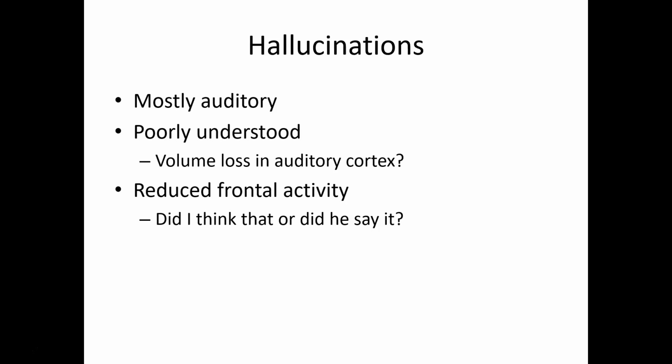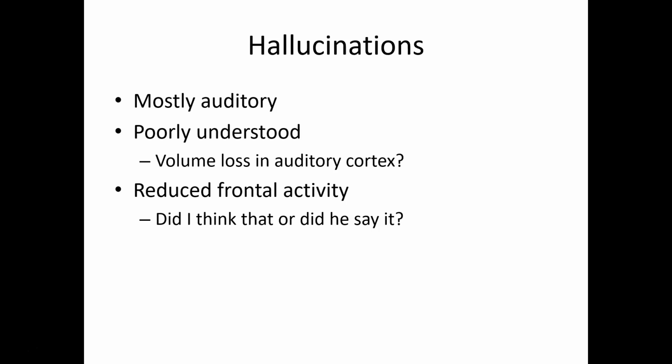And one other thing I will mention is that the reduction of activity in the frontal lobes could also explain this as well. The frontal lobe is really critical for a lot of your understanding of yourself and your self-awareness. So when I talk to myself, when I think about something in my head, it's almost like my frontal lobe can basically tag it and say, yeah, I said that.